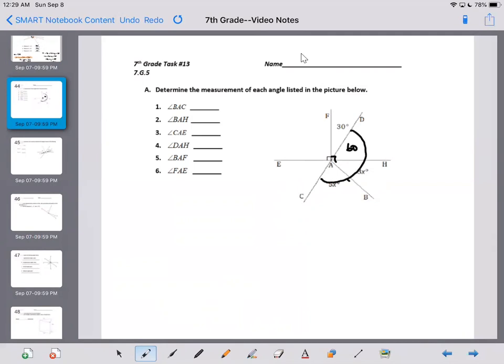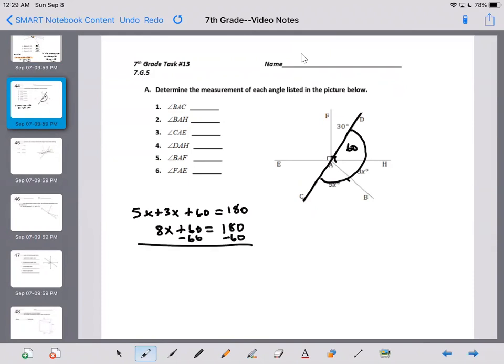So that would be 5x plus 3x plus 60 is equal to that 180 degrees, which is right here. And so that would be 8x plus 60 equals 180. Subtract the 60.